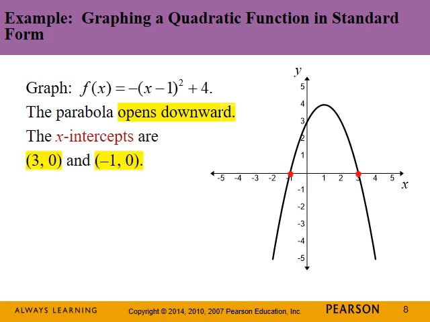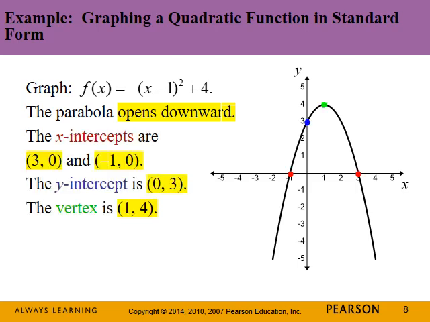Now we're going to bring all the steps together. We found the vertex, the intercepts. Now we're going to plot each of the points. So we knew that it opens downwards because the a was negative. Remember, the a was a negative. So to open down, our x-intercepts right here, we have 3, 0. And here we have negative 1, 0.